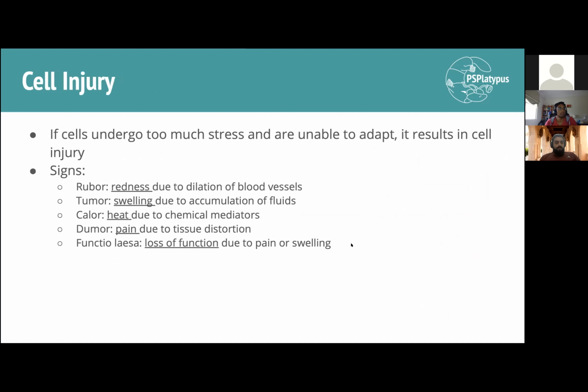So if cells undergo too much stress, it will be considered a cell injury, and it has 5 signs, exactly the same signs of inflammation. So we have redness, swelling, heat, pain, and loss of function.